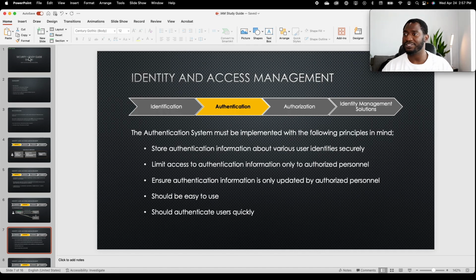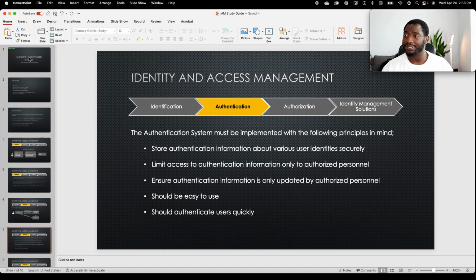The first and most important thing for an authentication system is that it must store authentication information about various user identities, and this information must be stored securely. And then the next principle to keep in mind is that this authentication system must limit access to the authentication information only to authorized personnel.